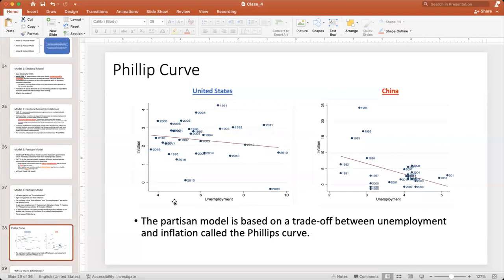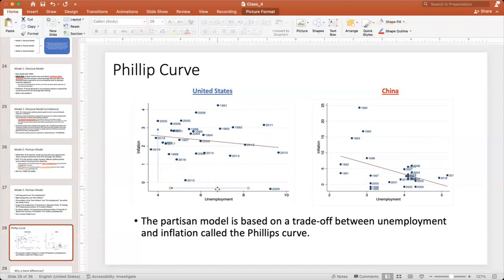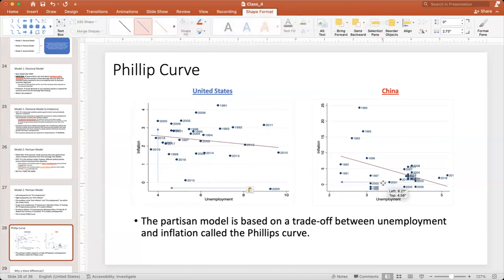If you want to reduce your unemployment, like this, you have to create inflation. And it is the same in China. If you want to reduce Chinese unemployment, you have to create more inflation.